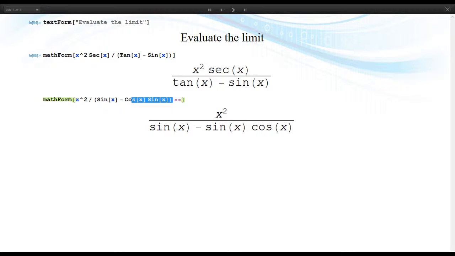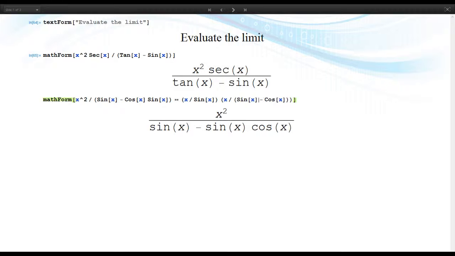So what we can do now is split this fraction into two fractions being multiplied by each other. So the first one, let's have be x over sine of x. So we factored an x out of the top, and we factored a sine out of the bottom.